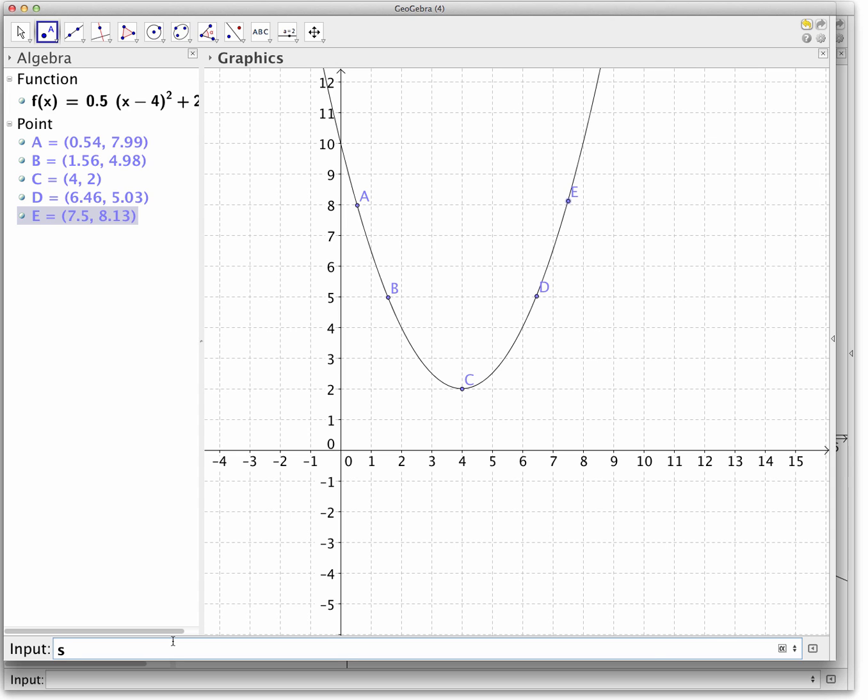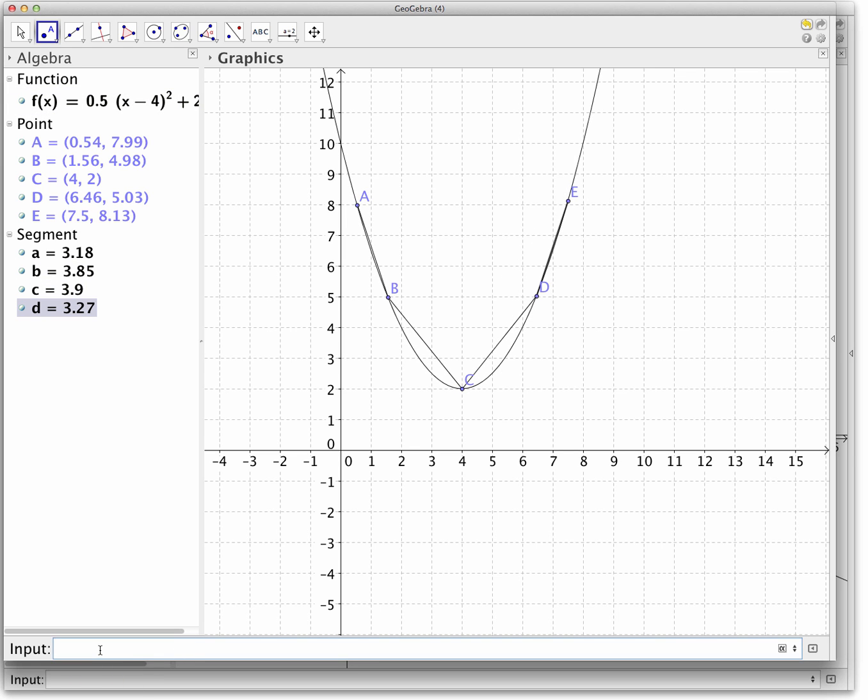So I'm going to say segment, and I'm going to do A comma B, and that's going to draw a line segment between A and B. And then segment B comma C, and segment C comma D, and segment D comma E. So I've created line segments between A and B, B and C, C and D, and D and E.